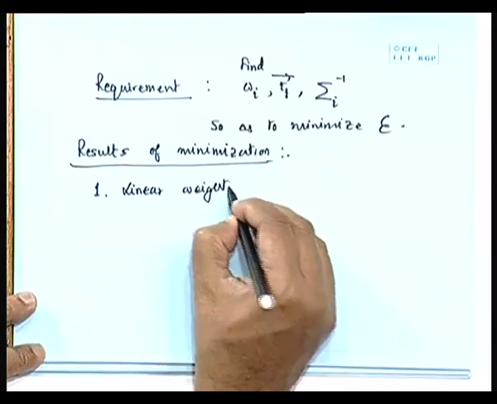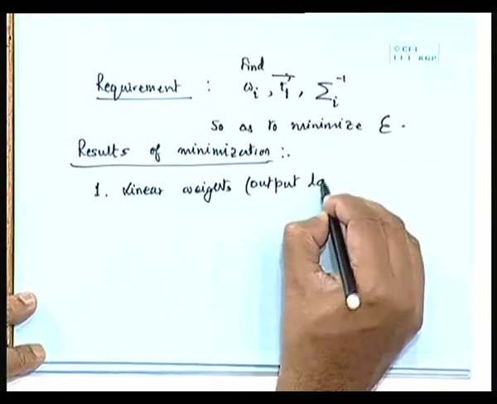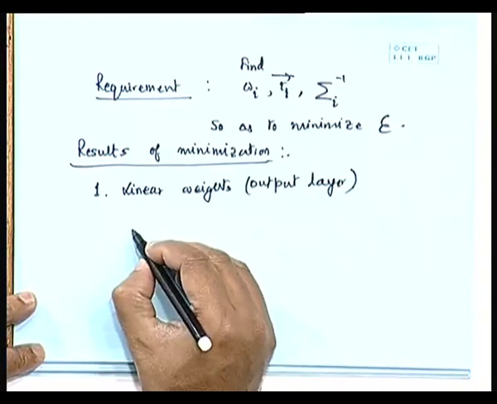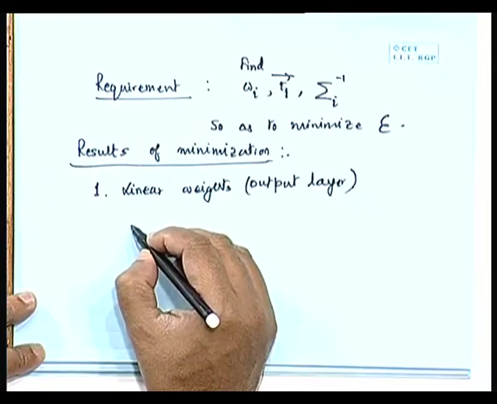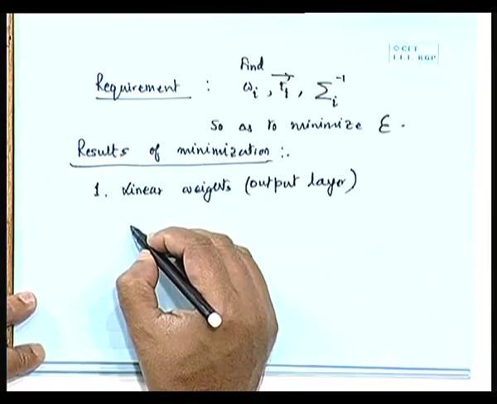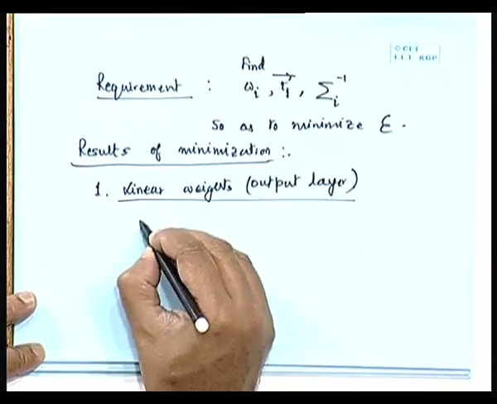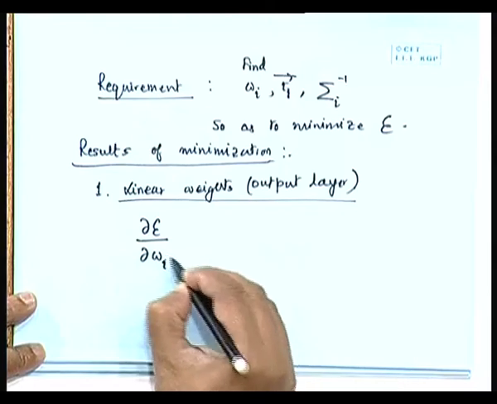Linear weights are the ones that we have at the output layer, and in order to find them, we have to differentiate the error with respect to W_i's, because when our objective is to update the linear weights, we should differentiate E with respect to W_i.